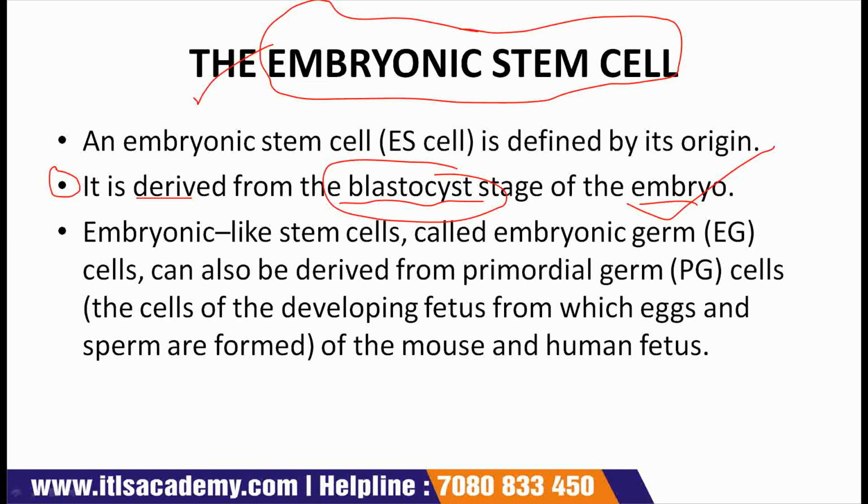Blastocyst is the stage at which implantation in the uterus occurs. It is a stage of embryonic development just prior to implantation in the uterine wall.